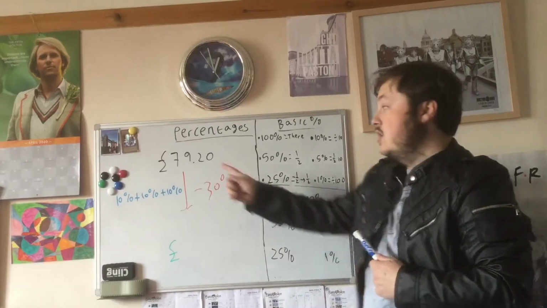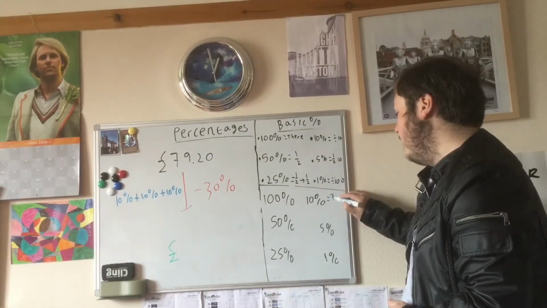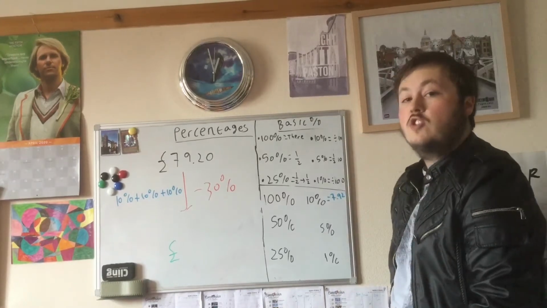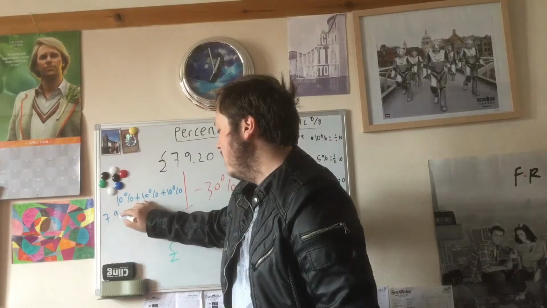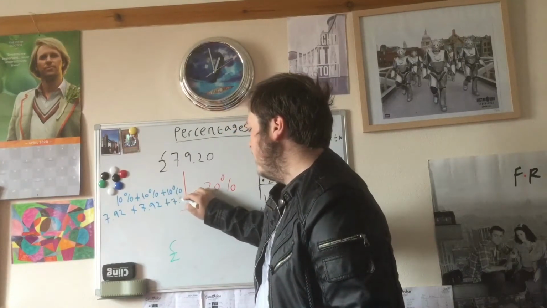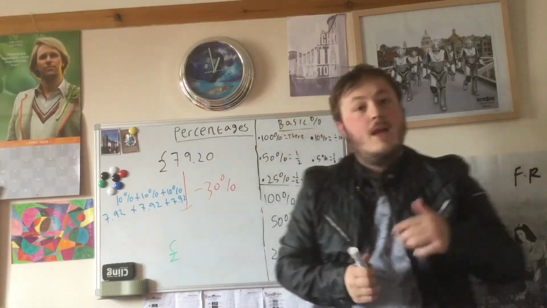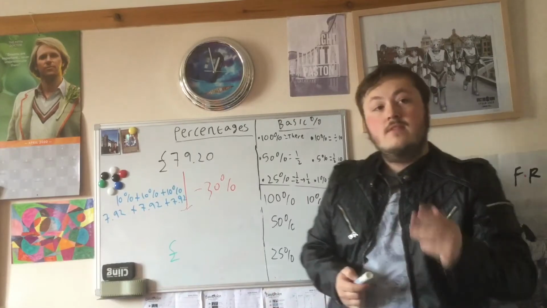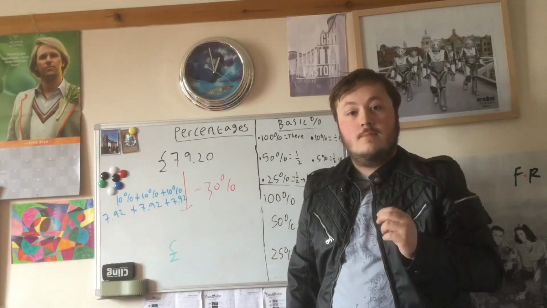So, what is 10% of £79.20? Well, remember, you've got to divide it by 10, so 10% is £7.92. So we do £7.92 plus £7.92 plus £7.92, because we're doing 3 times our 10%. And now we add that all together. What's £7.92 added together 3 times?